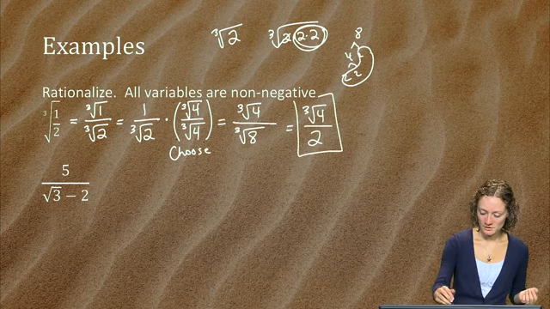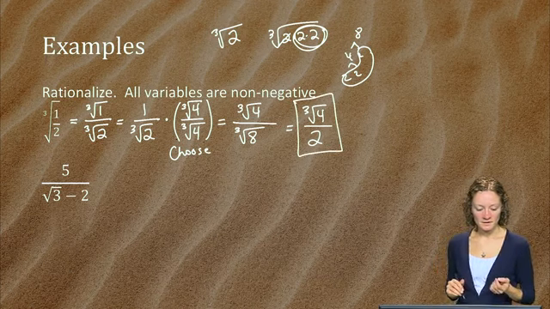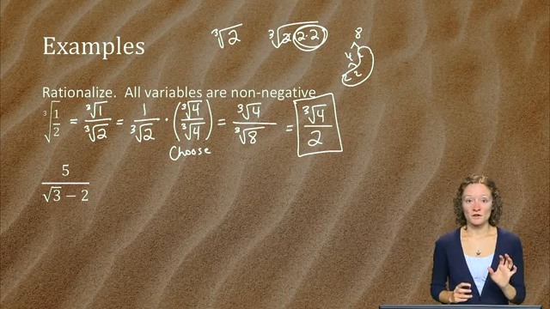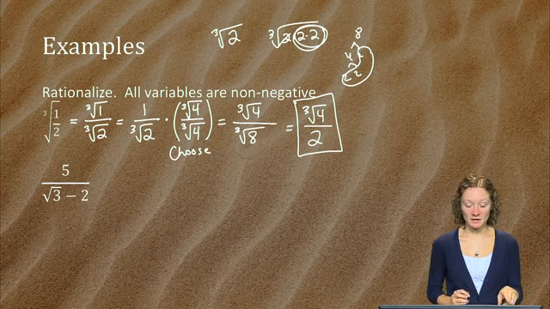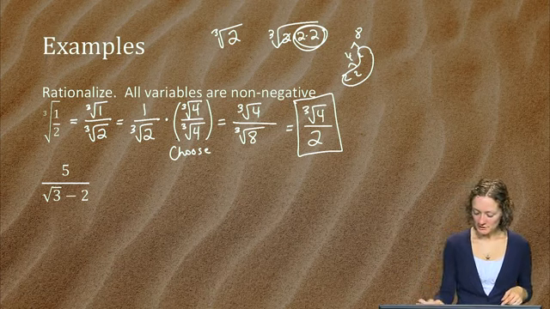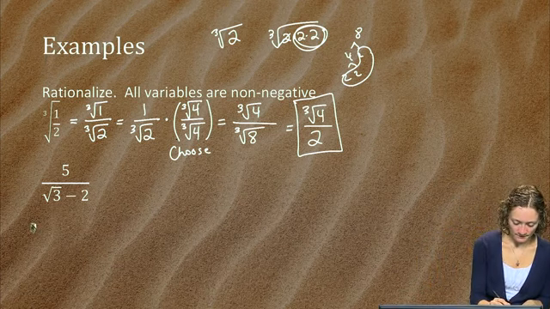All right, so here's this one. Okay, now let's look at a problem where we rationalize with our denominator having 2 terms. Remember that this is going to involve us using the conjugate. So let's first identify the conjugate here.